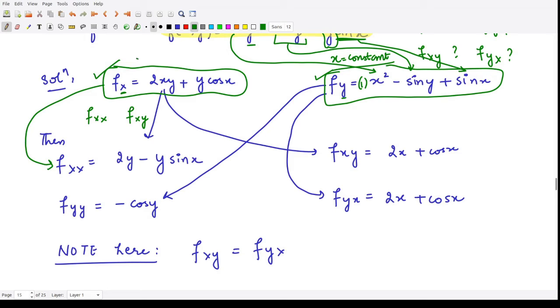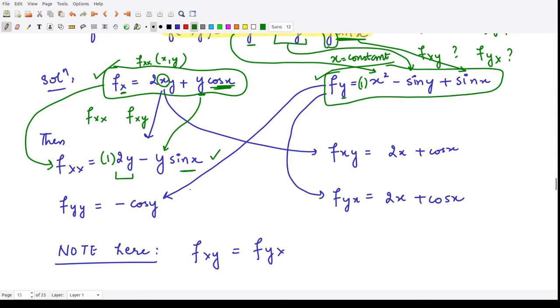Because this is also a function of x and y, here 2y is constant, so it comes as such, and the derivative of x is 1. And because y is constant, this term comes as such, and the derivative of cos x is minus sin x.